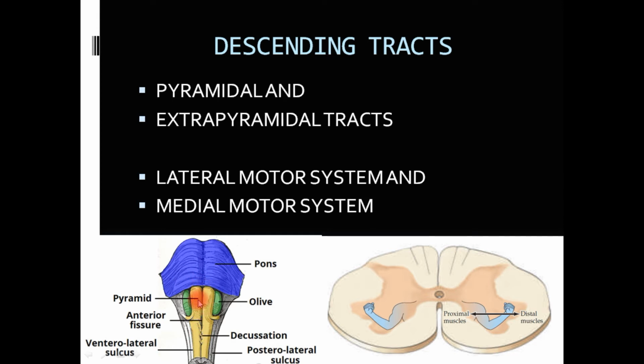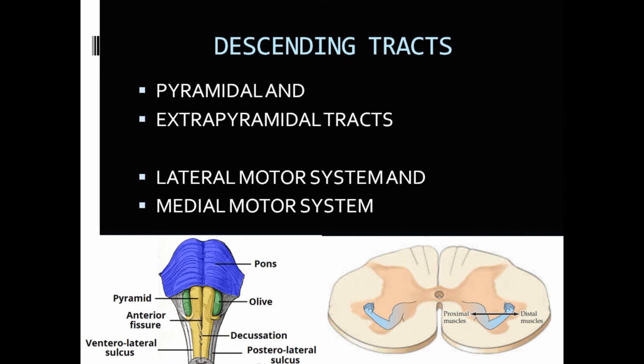And in the case of human beings, in our body, only the corticospinal tract passes through the pyramid. So the corticospinal tract is called the pyramidal tract, and all the other descending tracts like the rubrospinal tract, the reticulospinal tract, the vestibulospinal tract, all other tracts which descend to the spinal cord without contributing to the pyramid of the medulla will be called extrapyramidal tracts.